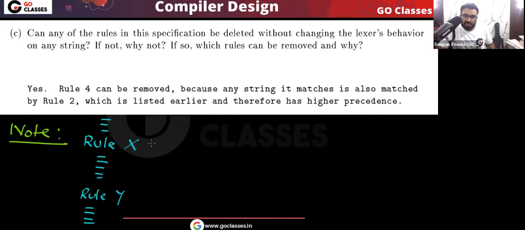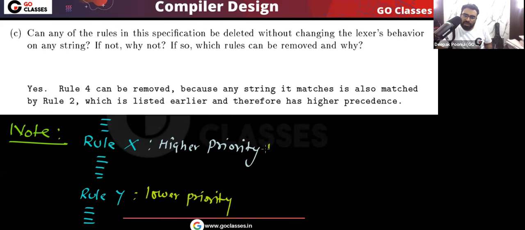So obviously rule X has higher priority, yes or no? This has higher priority because we have listed rule X before rule Y, so this is higher priority, lower priority. Higher priority than rule Y.